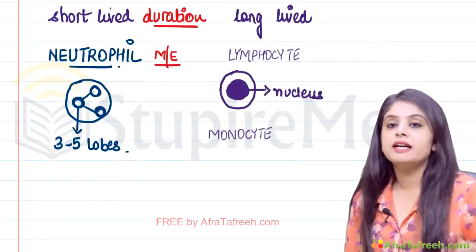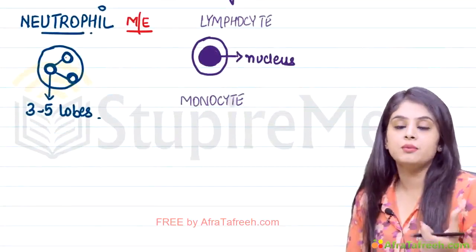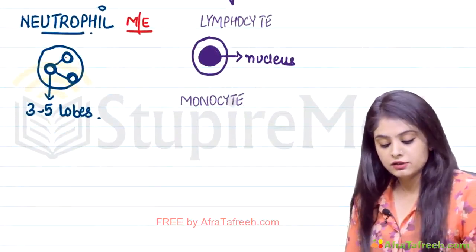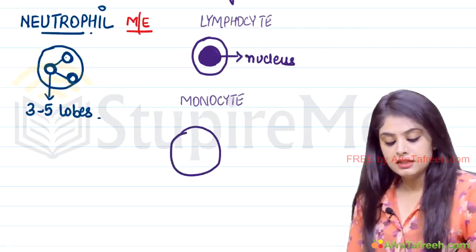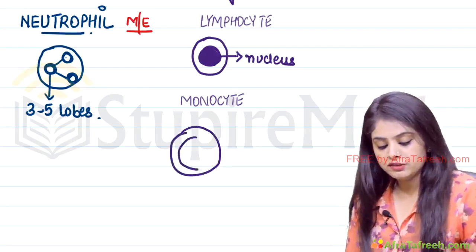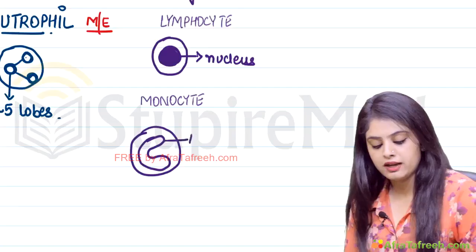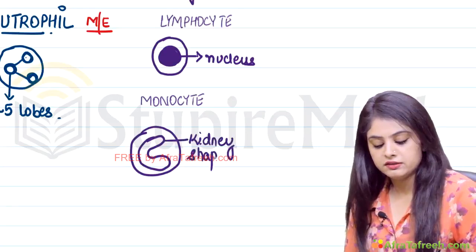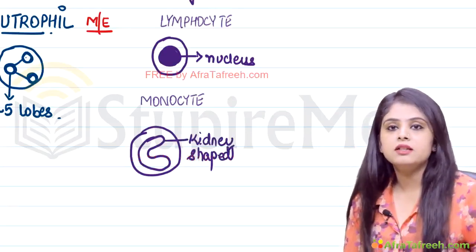Next, what do we need to know? Monocyte. How do we identify a monocyte? One of the very characteristic nuclei are present in these cells. So for example, if this is a particular cell that we have, the nucleus of a monocyte will have a characteristic kidney shape. A more medical terminology for kidney would be renal.